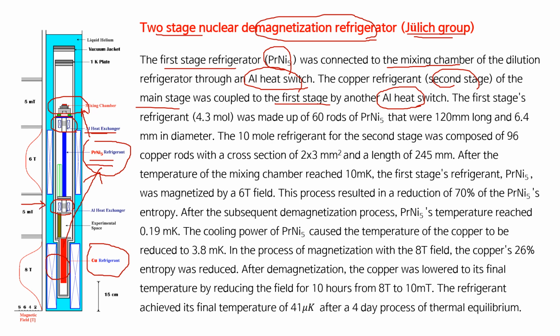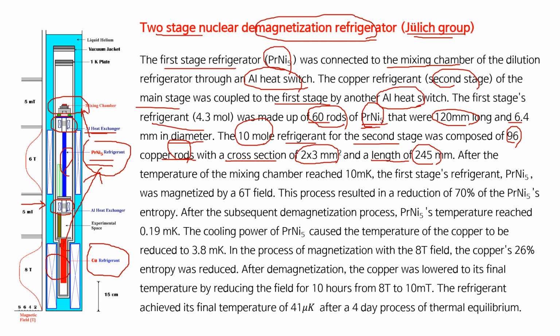The first stage's refrigerant was made up of 60 rods of PrNi5 that were 120 millimeter long and 6.4 millimeter in diameter. 10 mole of refrigerant for the second stage was composed of 96 copper rods with a cross section of 2.2 times 3 millimeter square and a length of 245 millimeter.